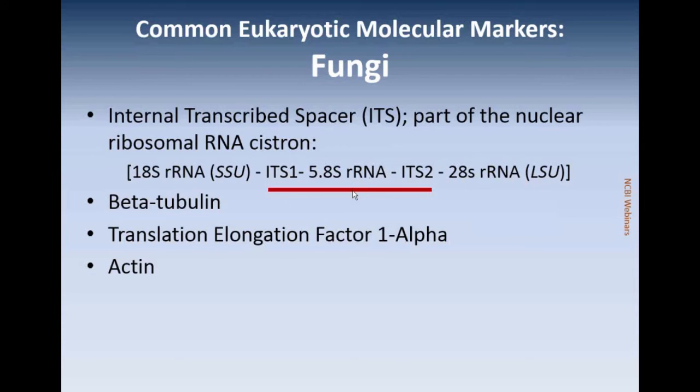It is internal transcribed spacer, and your feature that you're going to need to add for that is a misc_RNA. Sometimes submitters call it a gene, and that is incorrect. Three other genes that are often studied in fungi are beta-tubulin, translation elongation factor 1 alpha, and then actin. And our example later in the webinar will be beta-tubulin.